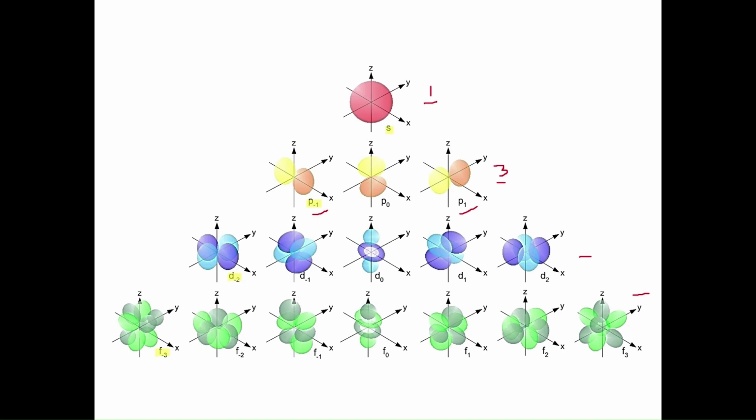For L equals 2, you have an ML ranging from negative 2 to positive 2, giving us 5 orbital orientations. And for L equals 3, you have an ML ranging from negative 3 to positive 3, giving us 7 orbital orientations.